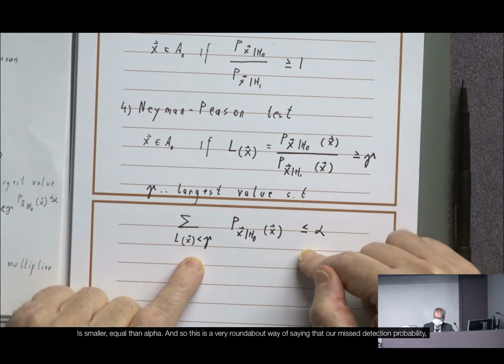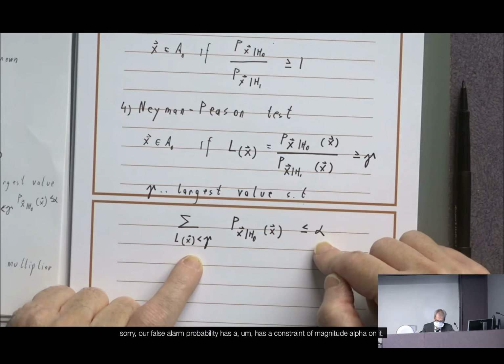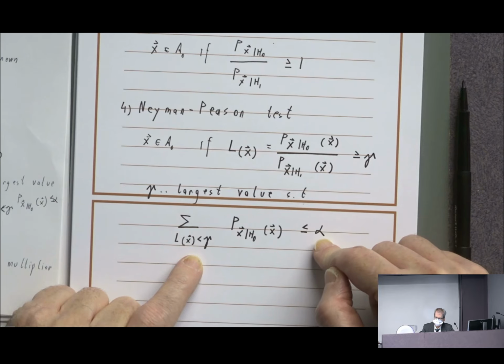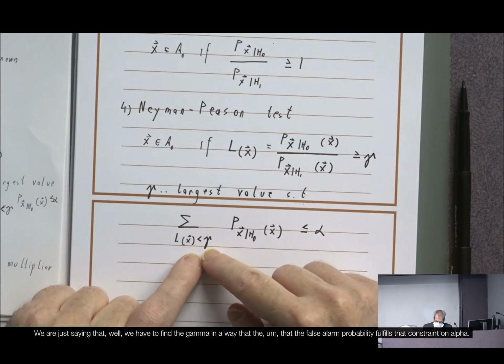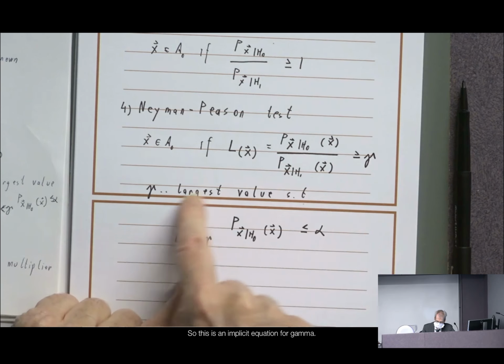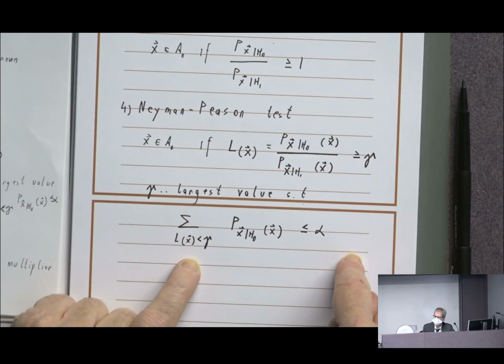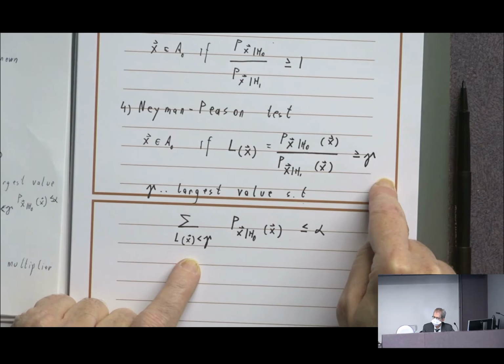So this is a very roundabout way of saying that our false alarm probability has a constraint of magnitude alpha on it. We have to find the gamma in a way that the false alarm probability fulfills that constraint on alpha. So this is an implicit equation for gamma. And then it is that gamma that we have to use as a threshold in the actual likelihood test.